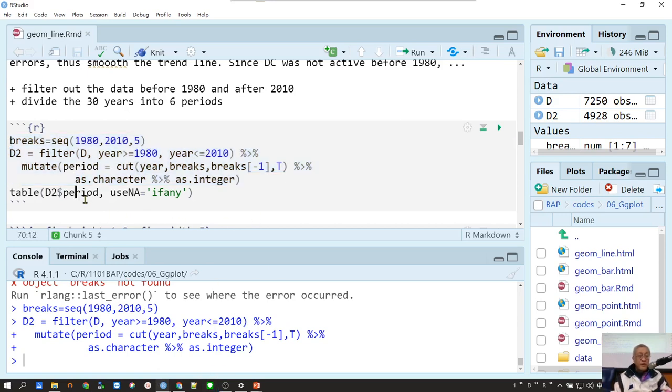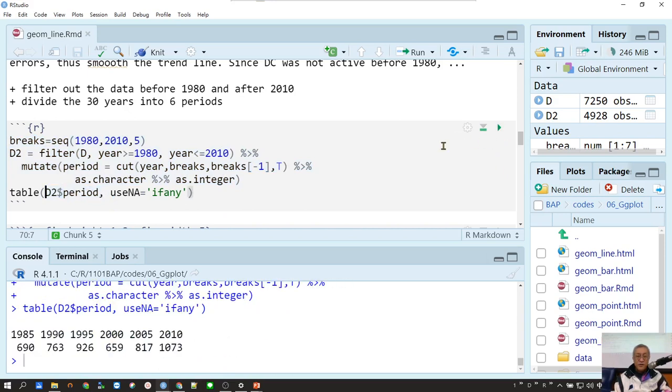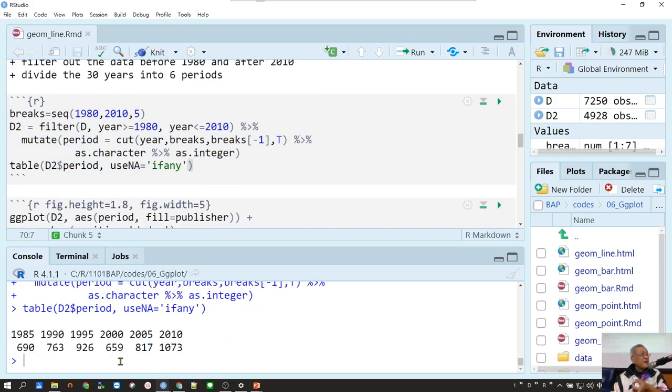I do a table on the D2 period, then you will see that in this D2 data frame, this period variable only has 6 kinds of values, right? And this is the count, okay?